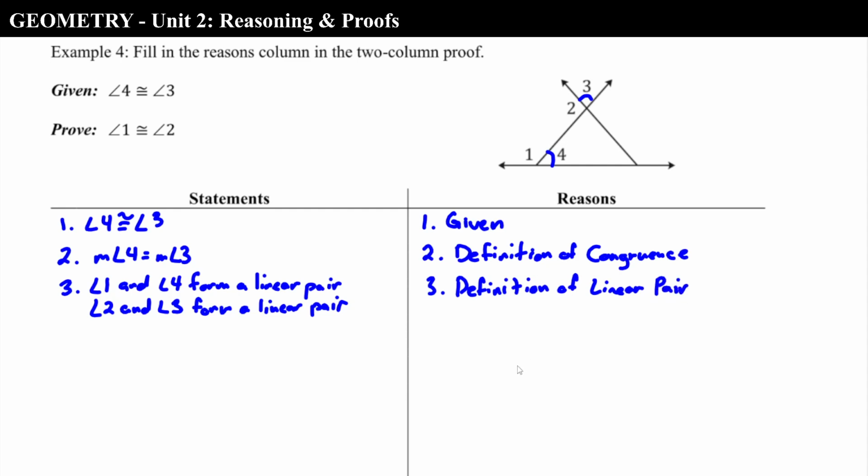All right, so now if we know that 1 and 4 form a linear pair and 2 and 3 form a linear pair, then we can say that the measure of angle 1 plus the measure of angle 4 equals 180. And we can also say the measure of angle 2 plus the measure of angle 3 equals 180. And that comes from the linear pair theorem.